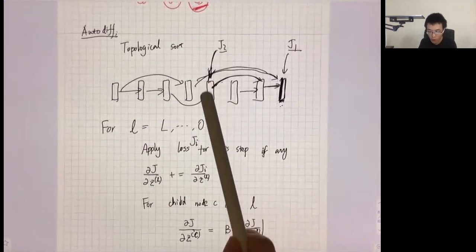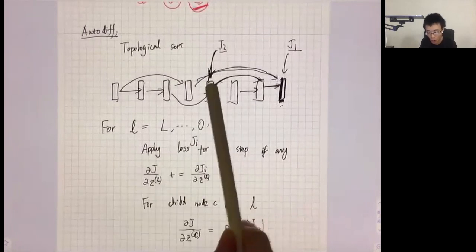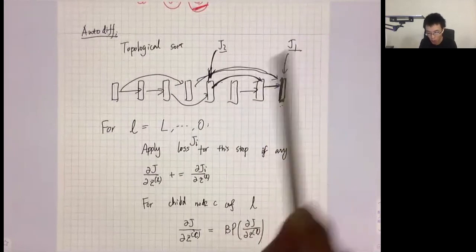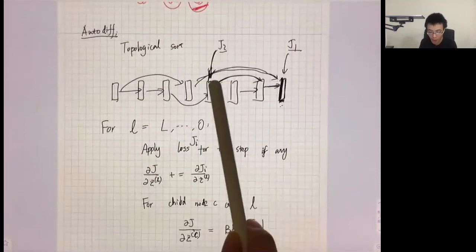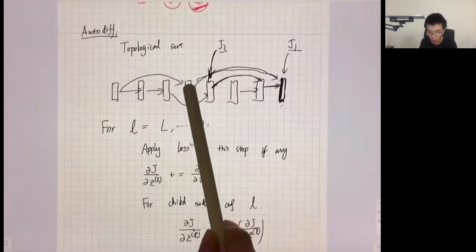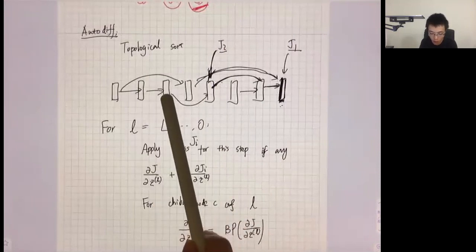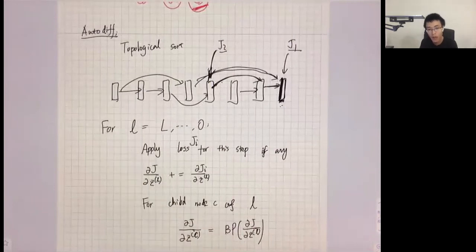And you go here, you apply the loss first. You already have some partial derivative from this layer, inherited from J1, but you add the partial derivative of J2 for that layer, and then you backprop to here, then you go to this layer, you backprop to here, and you go to this layer, you backprop to there, okay?